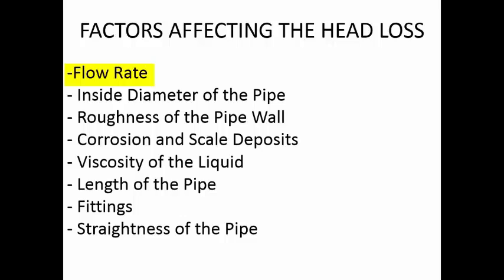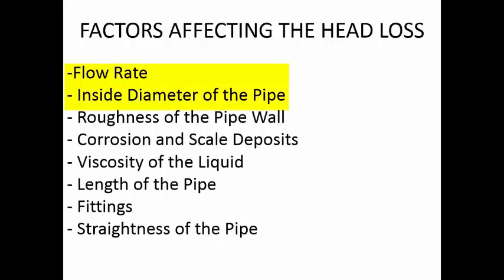So if velocity is increasing by some value, then the head loss is also increasing. How much is it increasing? It is increasing by the square of the velocity. If you increase the velocity by 2 times, head loss is going to increase by 2 squared times, that is 4 times. If you increase the velocity 3 times, the head loss is going to increase 9 times. So like that, the velocity is going to affect the head loss.